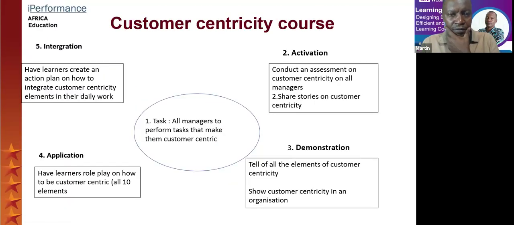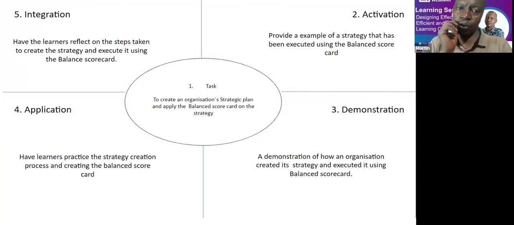So you have this kind of thing. You have your task or problem that you want to solve with the learning. Then you map out your activation, your demonstration, your application, and your integration. And what I'm going to do is put my email address on chat.